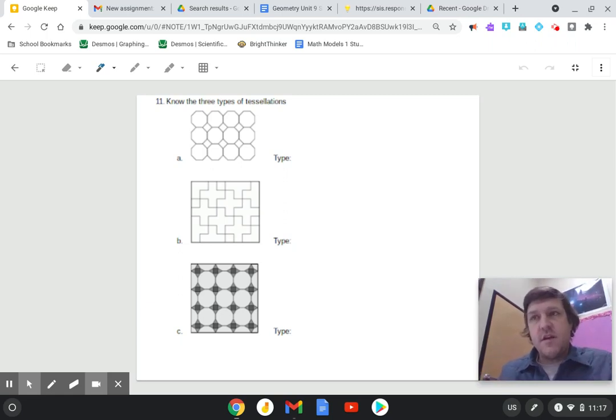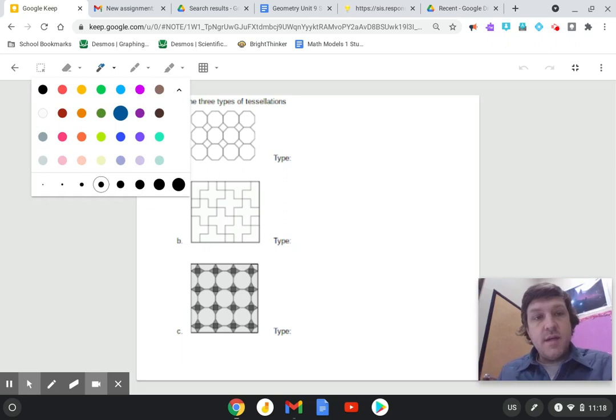Regular tessellations are where there's one type of shape that is a regular polygon. Semi-regular is when there is more than one shape, all regular polygons, and combined, those can make a tessellation. And then, of course, any other shapes that are not regular polygons that make up a tessellation are just going to be neither.